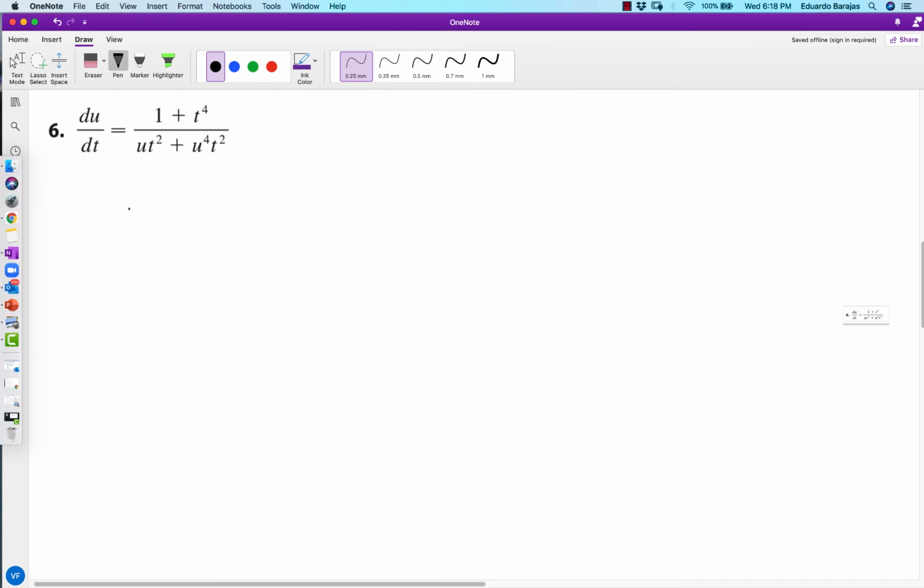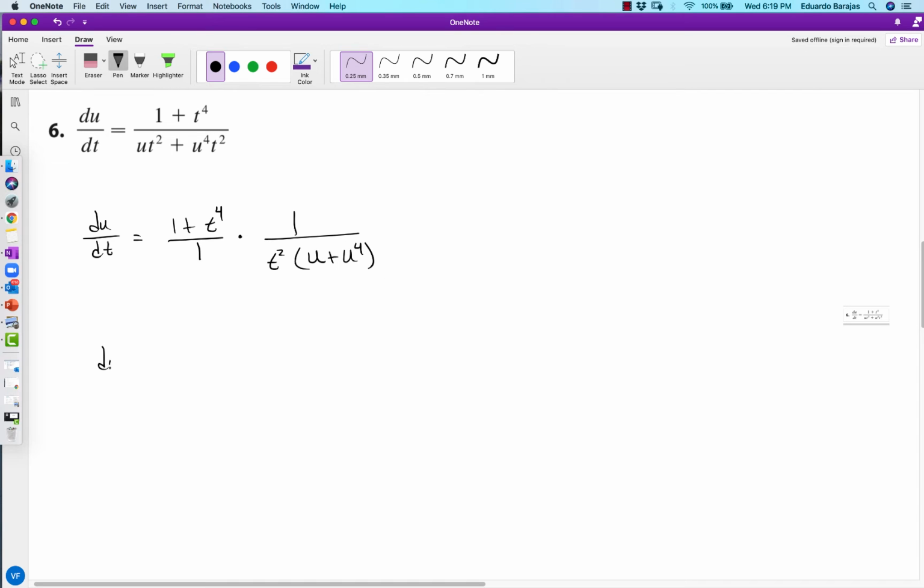Okay, so let's begin by manipulating this so that it fits the form of a function in t times a function in u, right? Because those are the two variables we're working with here. Notice that we can rewrite this quite easily as du/dt equals 1 plus t to the fourth power over 1 times, and then I can factor out a t squared from the denominator, so it'll be t squared there, times u plus u to the fourth power.